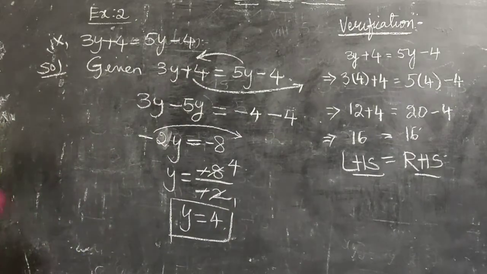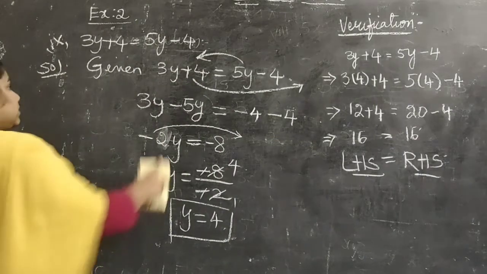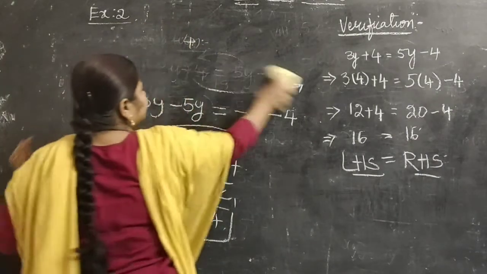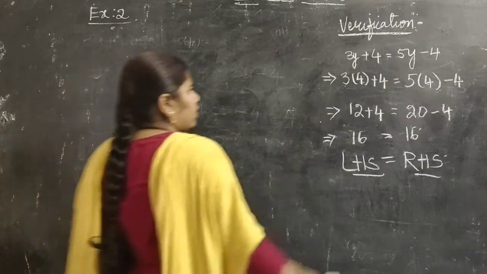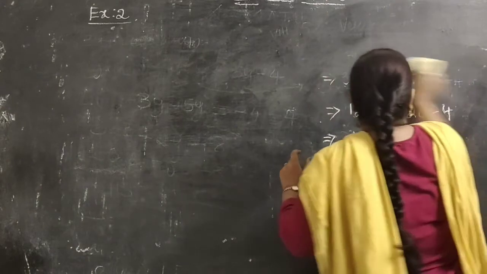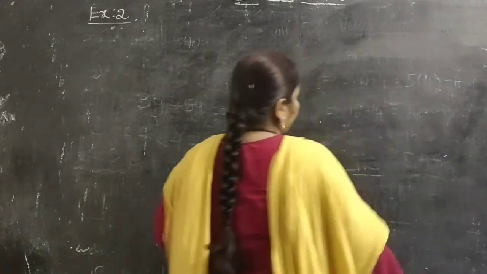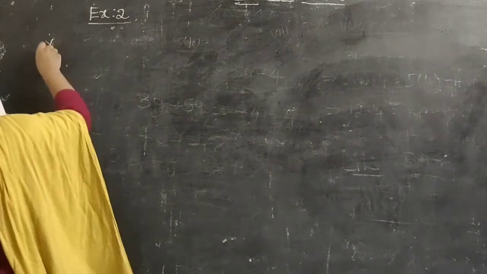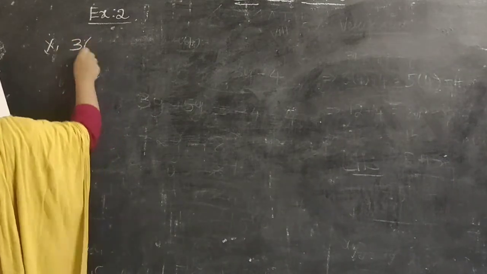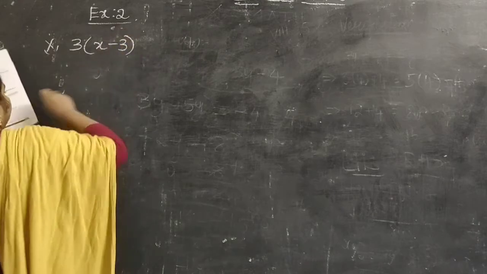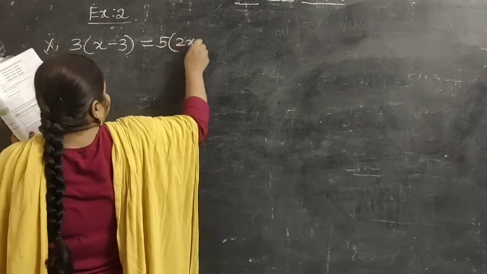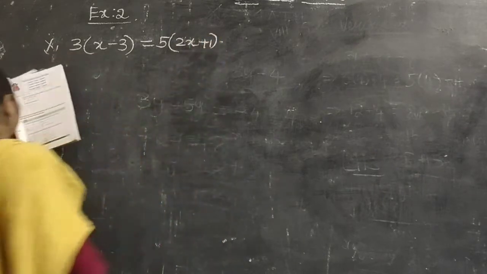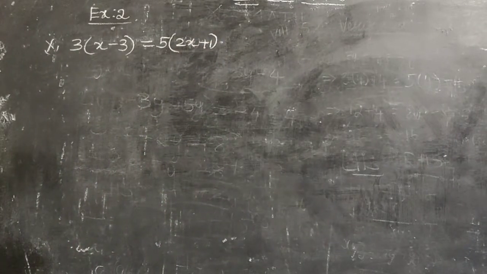So last one in this exercise. 3 into x minus 3 is equals to 5 into 2x plus 1. So we have to solve, nothing but we have to find the x value.